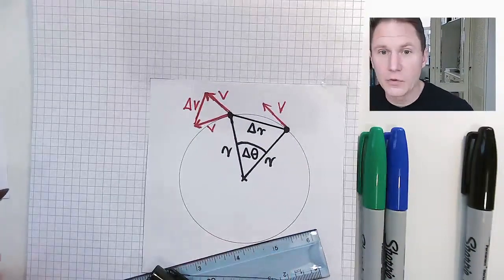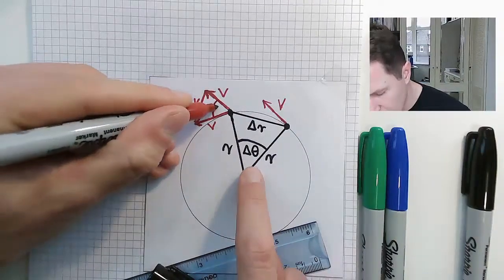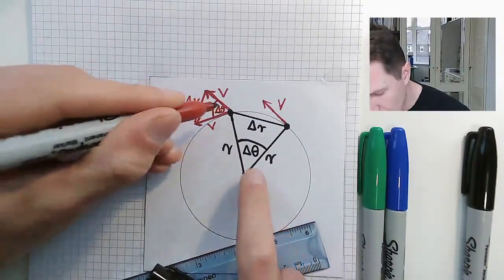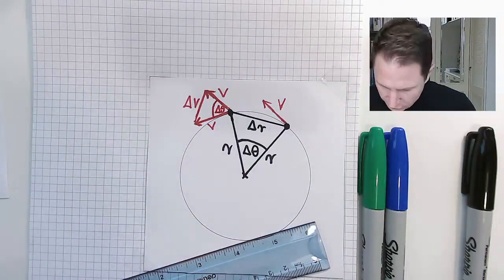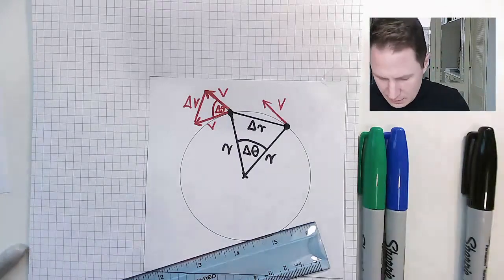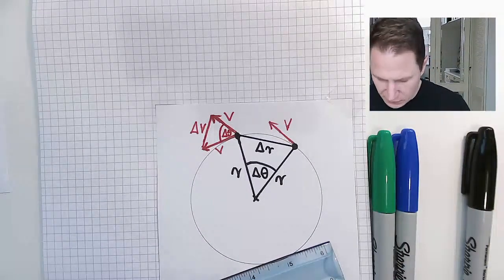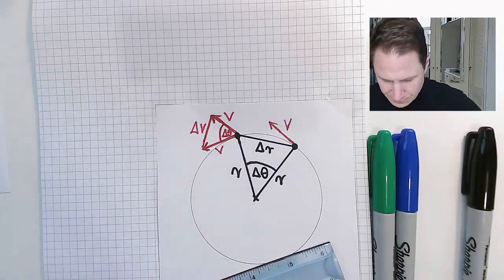And the main observation here is that this angle is the same angle that we had right there. It's delta theta. So what I'm claiming is that these two triangles are similar.